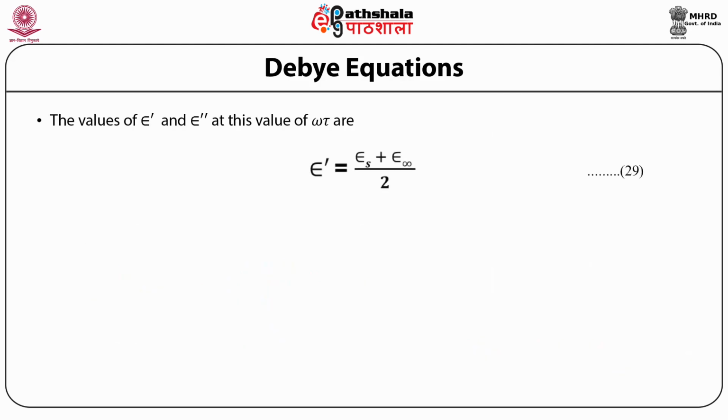The values of ε' and ε'' at this value of ωτ are ε' = (εs + ε∞)/2 and ε'' = (εs − ε∞)/2.